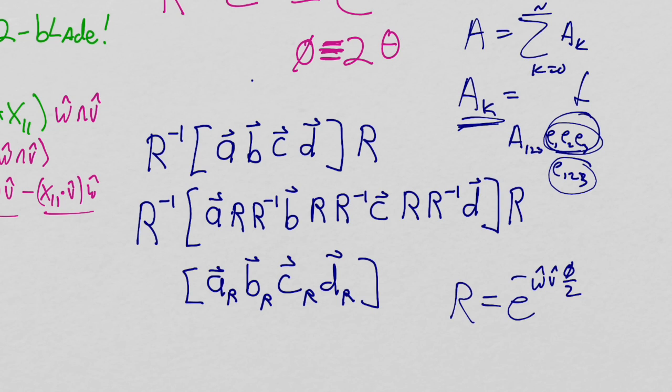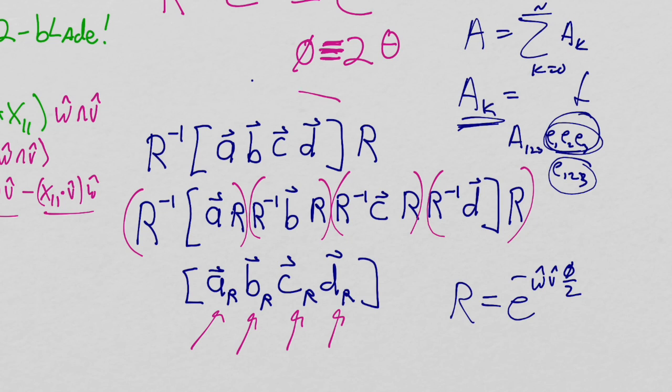But look what I can do. I can stick r inverse r everywhere in these blades, because r inverse r is just 1. So this is exactly the same thing as this. But then I just regroup like this, and all of a sudden I have the rotated a, the rotated b, the rotated c, and the rotated d multiplied together.